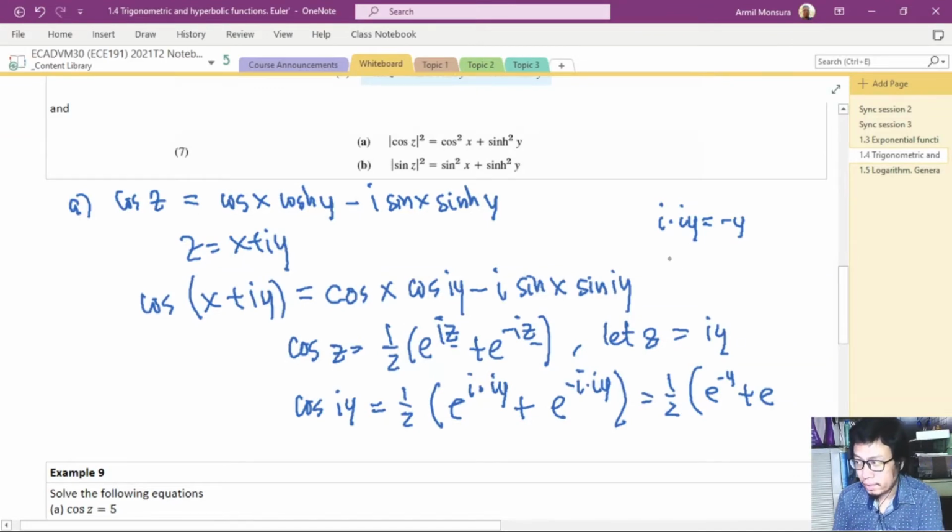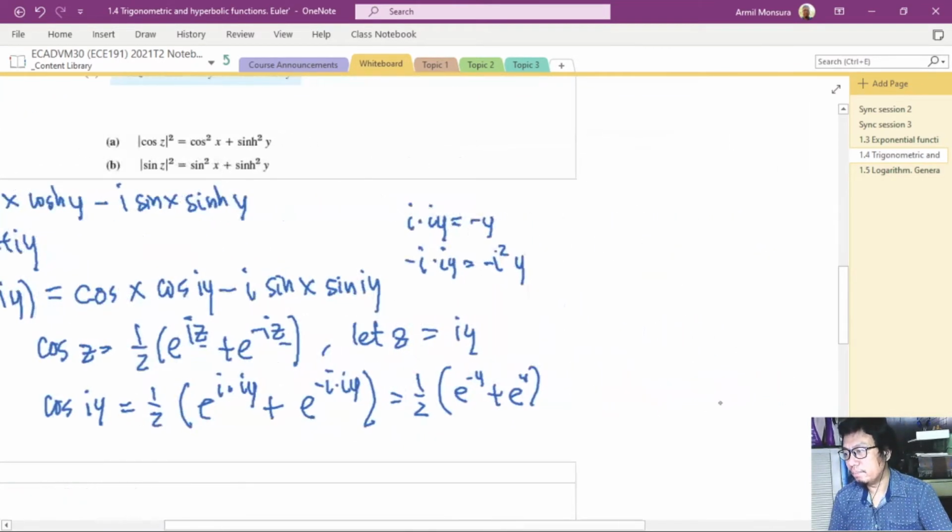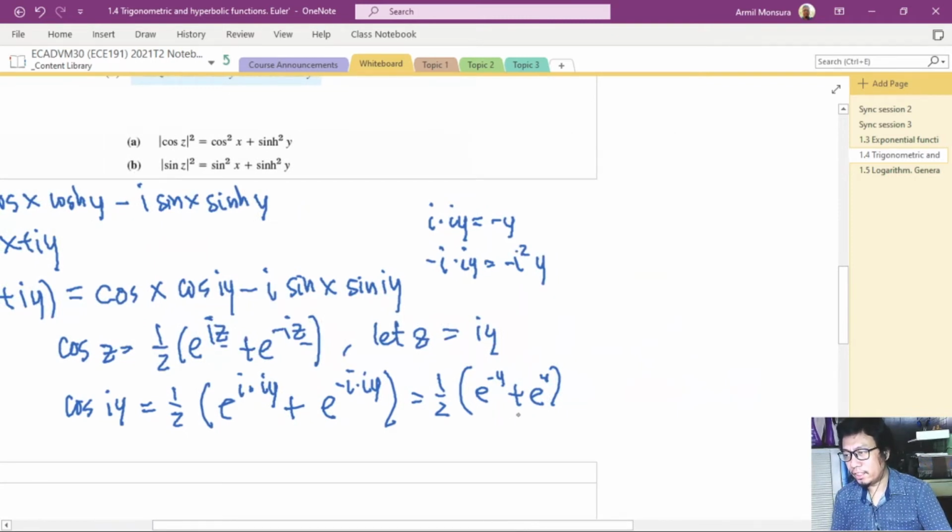That becomes negative i squared times y, and i squared is negative 1, then multiplied by negative 1, that becomes positive y. Since this is simply an addition, I can interchange them and rewrite this as e raised to y plus e raised to negative y.